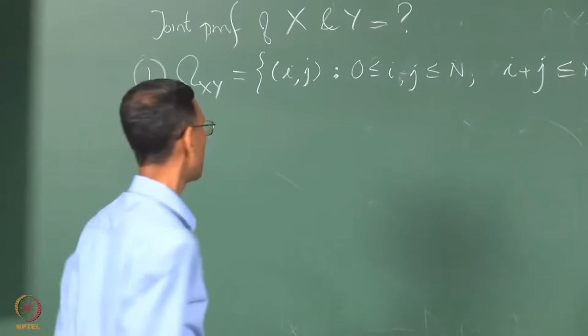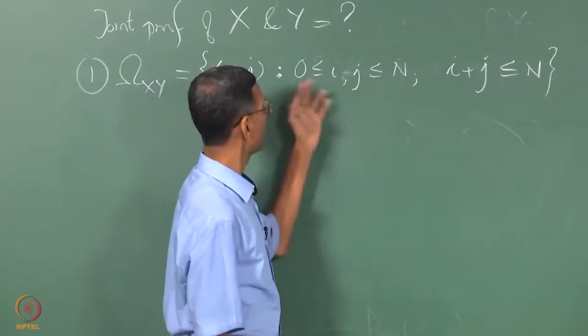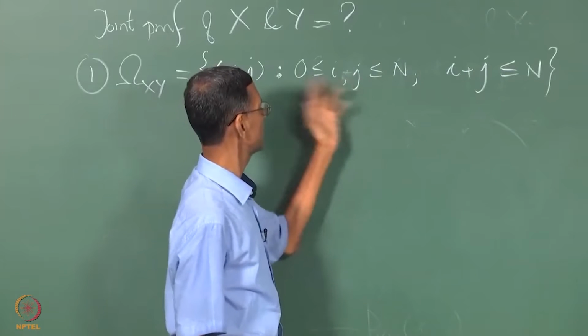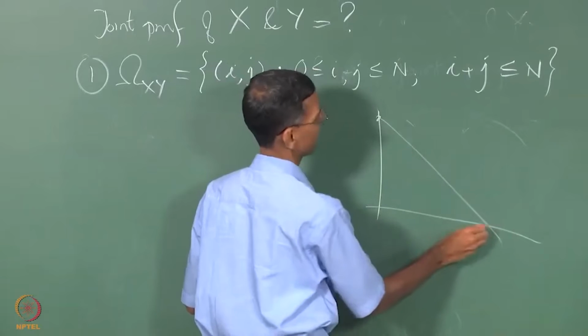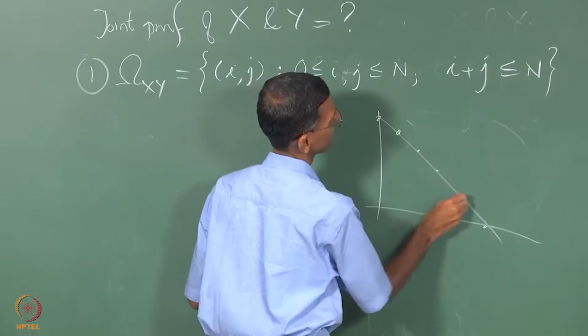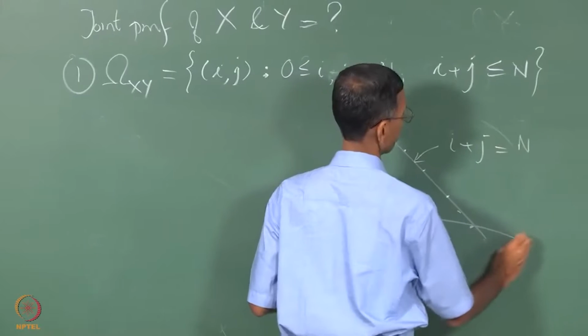A triangle bounded by these straight lines, i greater than or equal to 0, j greater than or equal to 0, right. So, if I want to draw it, I would get something like this. So, what would be this line? This would be the line i plus j equal to n.